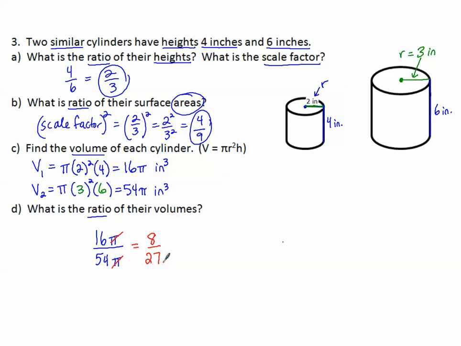So what does that look like? Well, remember how we wrote our volume units? Volume is three-dimensional, so inches cubed. That's what we do with our scale factor. 8 is 2 cubed. 27, guess what that is? 3 cubed. 2 cubed and 3 cubed.